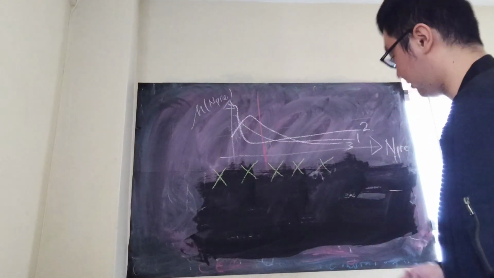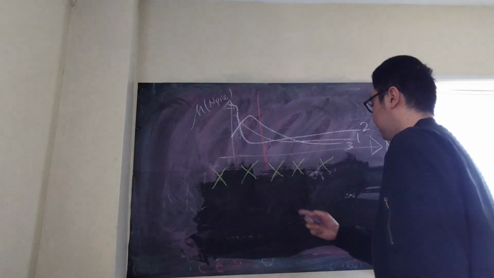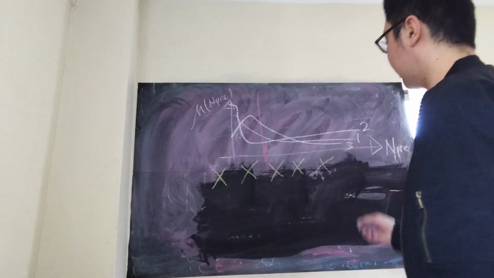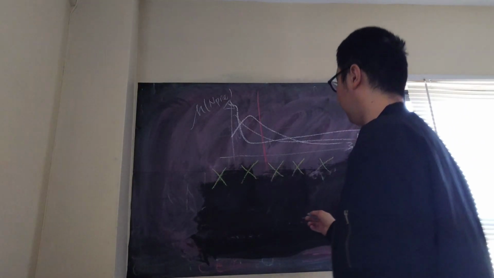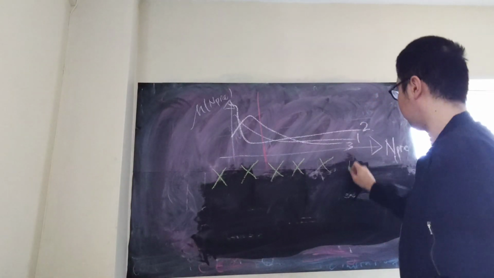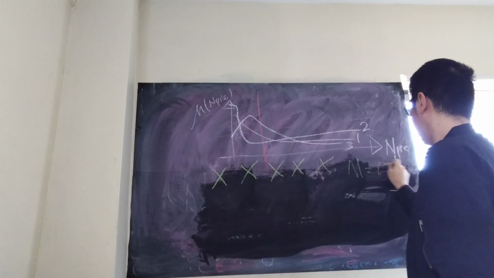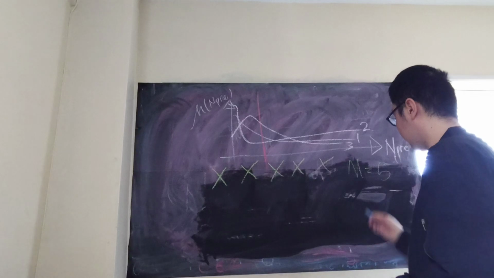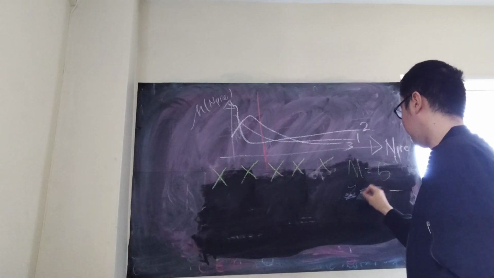Well, not necessarily, but without replacement, I can select. For example, my population, let's call it M, is 5, so this is really a simple case. My sample size Z equals 3.